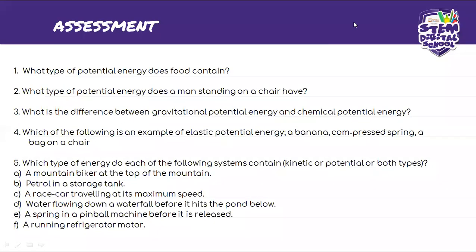So okay, chemical potential energy. No, hopefully you are correct because you are saying chemical potential energy is stored in what? The particles of substances. Yes, you can also say that because they are at rest. So in the object, the particles are at rest. So when there is no motion, we can say there is potential energy. But immediately there is motion, then it's no longer potential energy, but what?